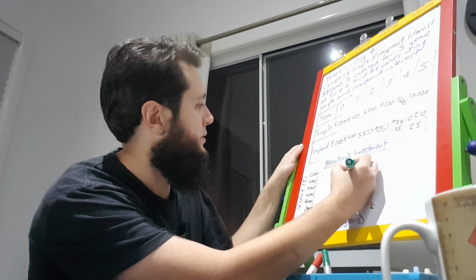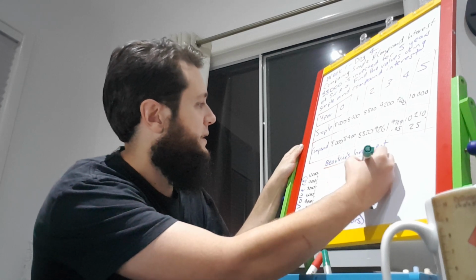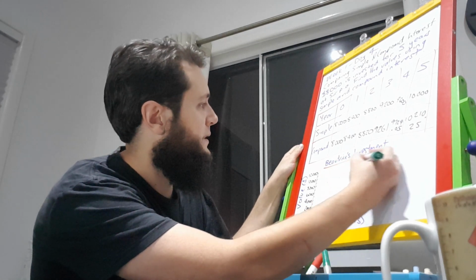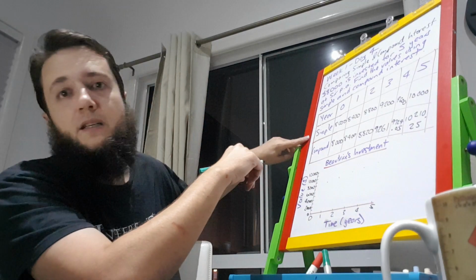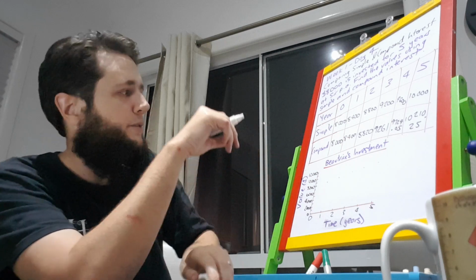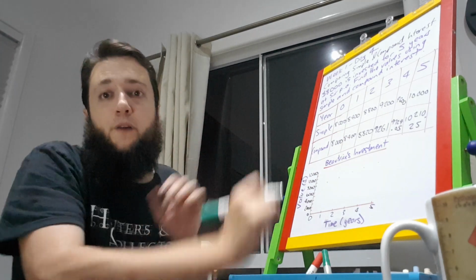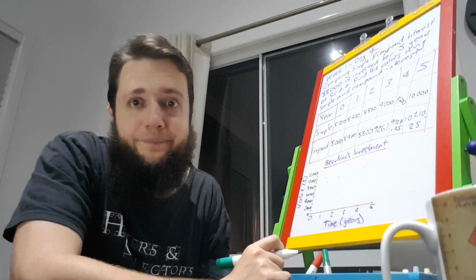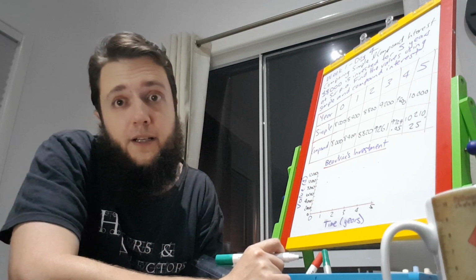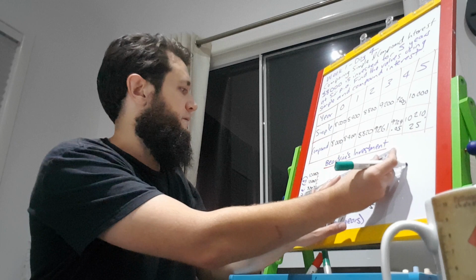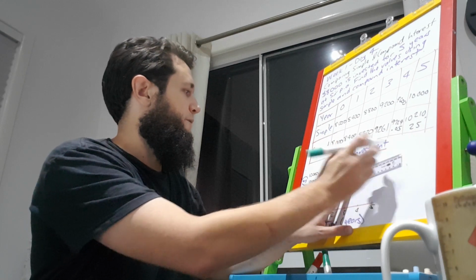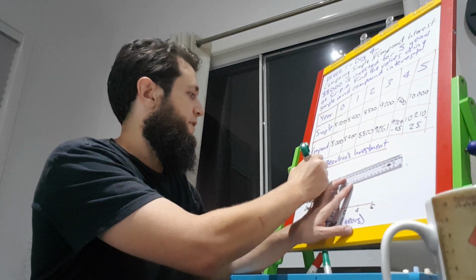At time 3, 9,200. At time 4, 9,600. And at time 5, 10,000. I'm looking at the simple interest there. I'm putting the simple interest on first. Now, if I haven't stuffed that up, it should actually be in a straight line. Simple interest always forms a straight line. So, you know what? If I haven't got that perfect, I'm just going to fudge it anyway.